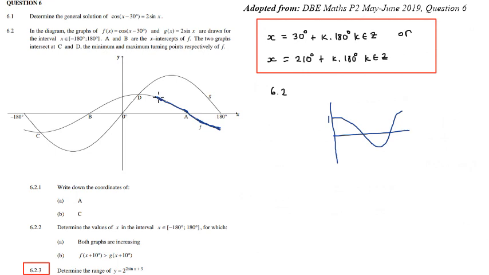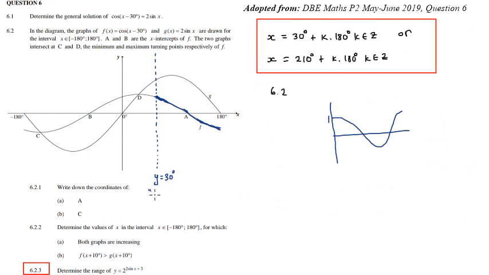So this is where it used to start at 1, but because this part used to be here at the y-axis, and now it's been shifted 30 degrees to the right, the y-axis is now this line. x equals 30 degrees.